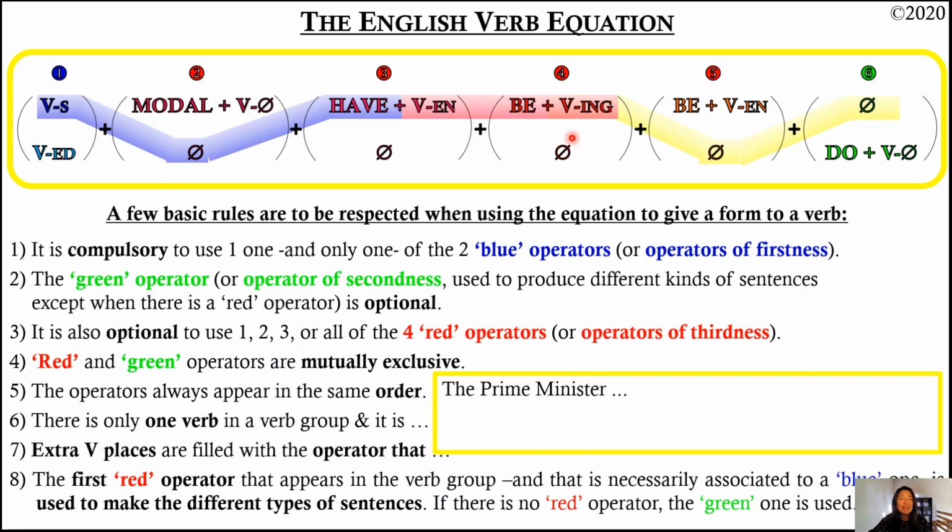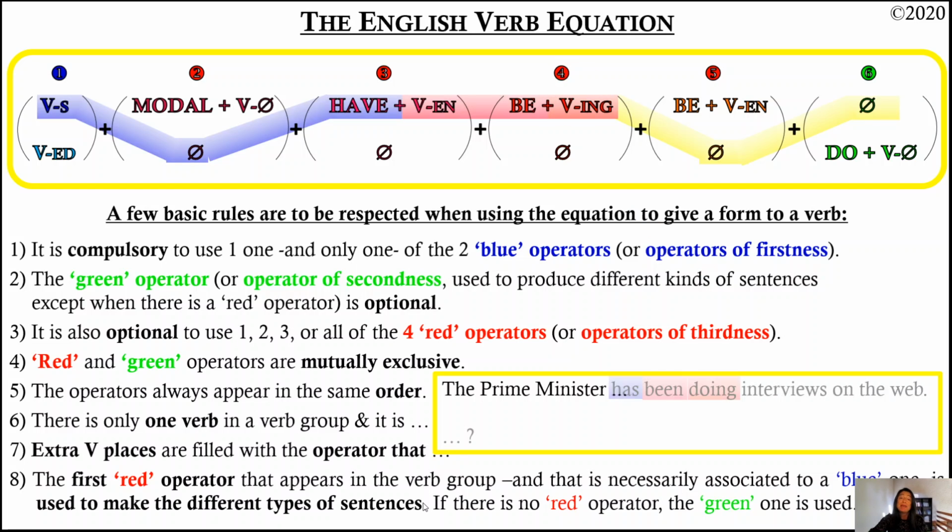Let us just give an example of the most complex tense that can be created in English. So the Prime Minister, and then let's add the present tense of have. So the Prime Minister, third person singular, the Prime Minister has, and then the past participle of be, the Prime Minister has been, and then the VING, the present participle form of the verb do.